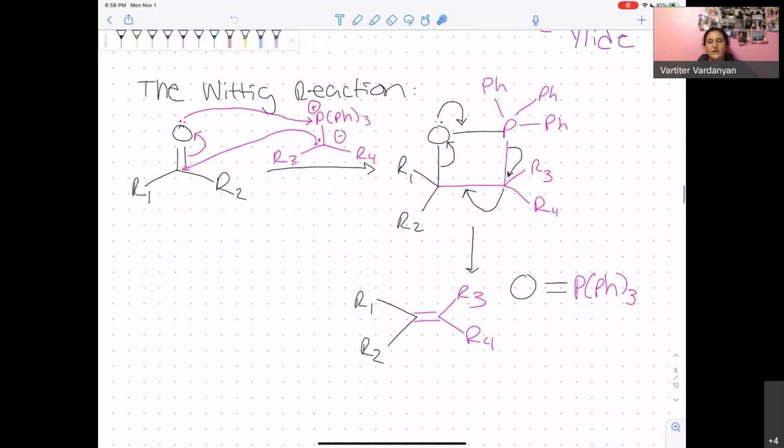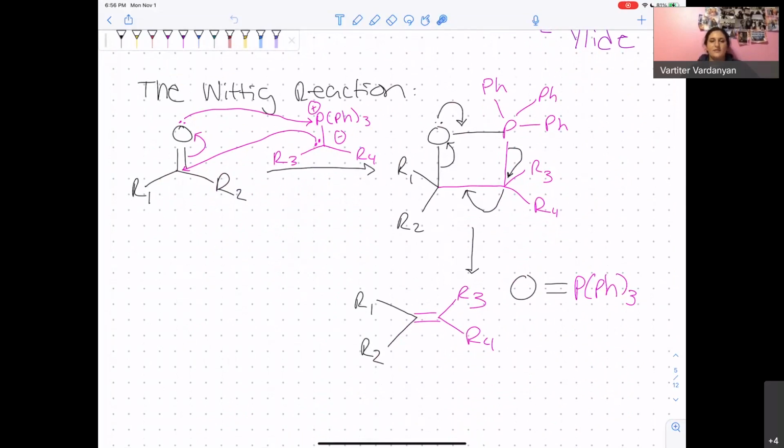So the actual Wittig reaction mechanism looks terrible, and that's why I've created my own way to do it. So let me show you the real way to do it and then my version. Essentially, in the first step, we have this negative charge that attacks the carbon of the carbonyl, kicking these electrons up, and oxygen uses those electrons to attack the phosphorus, and we make a box intermediate.